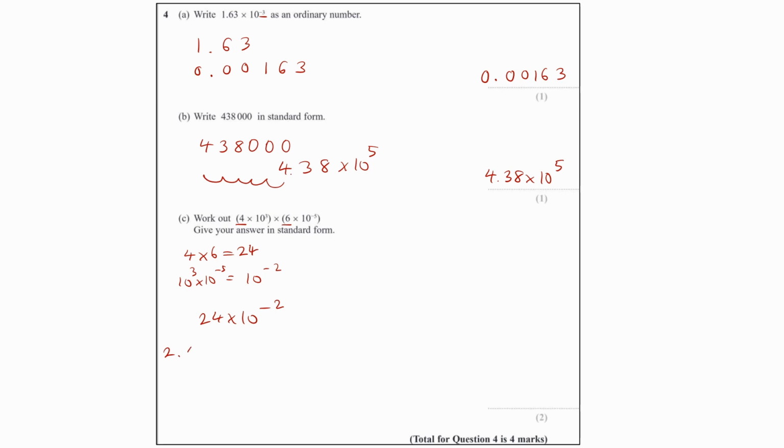So that is 2.4 times 10 to the power 1 times 10 to the minus 2. Now we can correct, so that becomes 2.4 times 10 to the power 1 minus 2 is minus 1, so 2.4 times 10 to the minus 1.